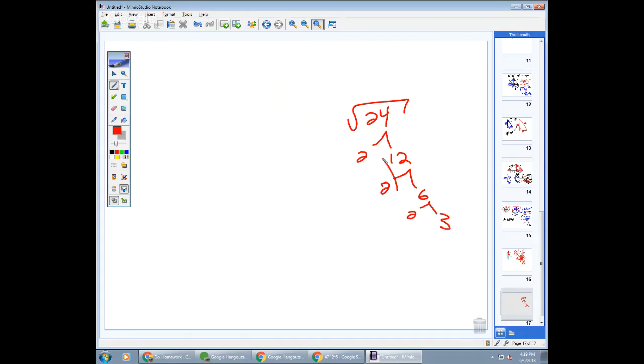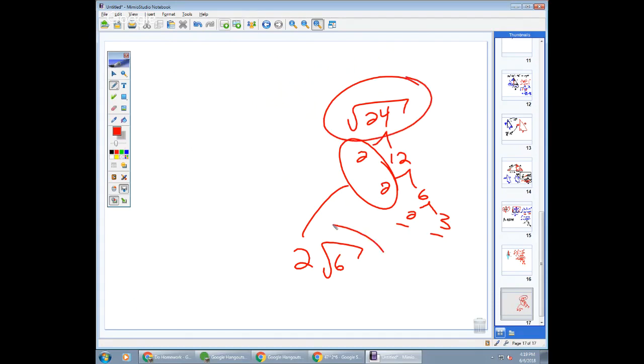So anytime you find a pair of numbers inside a square root, the square root of 2 times 2 is just 2. So that comes out as a single 2, but those guys are trapped inside still. So the square root of 24 must be the same as twice the square root of 6. To double check you did that right, just type this in your calculator, get the decimal, type that in, get the decimal, and hope they match. That means you pulled out squares properly.